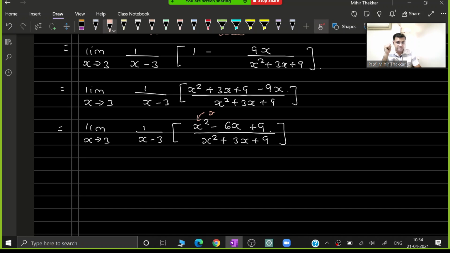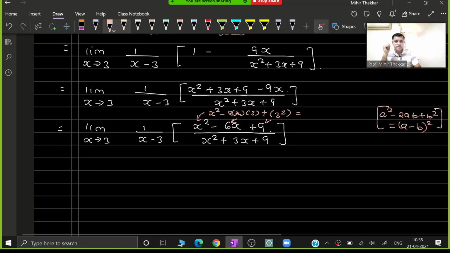This is in the form of x square minus 2 into x into 3 plus 3 square. So this is obviously looking like a square minus 2ab plus b square, which is the formula of a minus b the whole square.